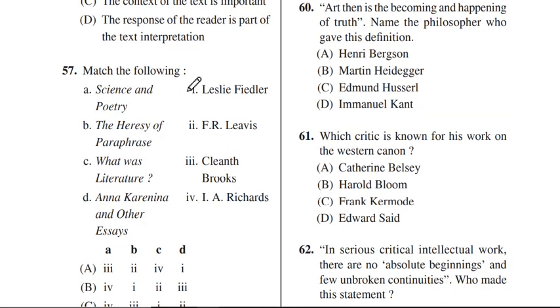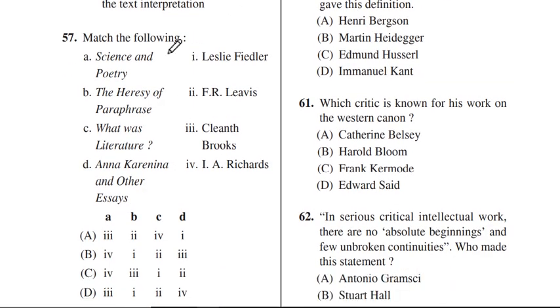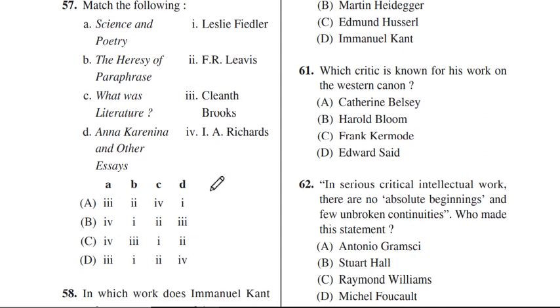Next, question number 57. Match the following. Here we have got: Science and Poetry, The Heresy of Paraphrase, What Was Literature, Anna Karenina and Other Essays, and here Leslie Fiedler, F.R. Leavis, Cleanth Brooks, I.A. Richards. They have given options also.